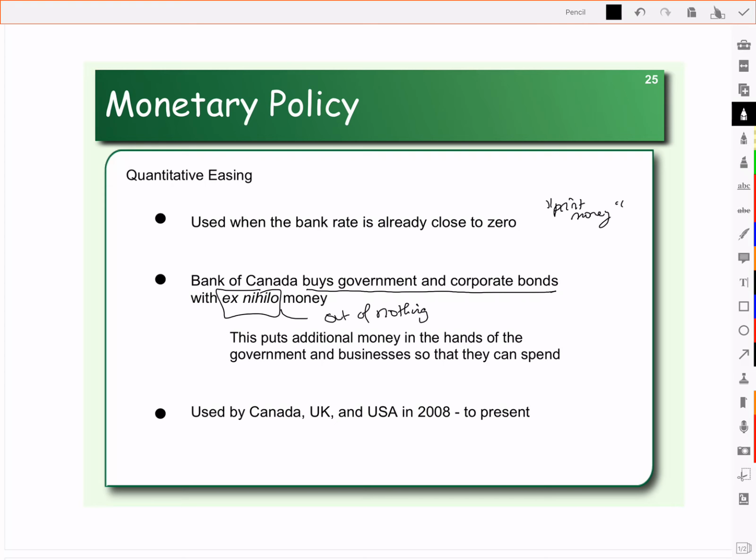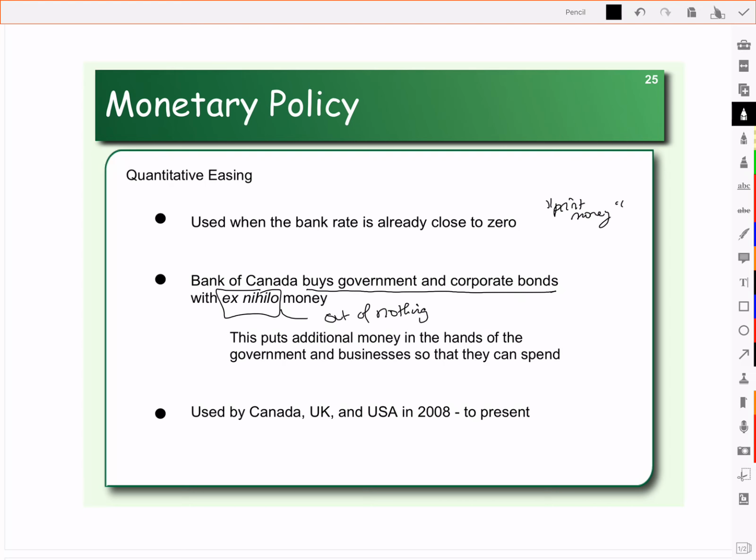Now what we're seeing as of late 2016 and into 2017 is a reduction in quantitative easing. So pulling back on that ex nihilo money, basically cashing in those bonds and pulling the money out of circulation. So it's a way to add money to the money supply to get people to spend by basically creating money to buy bonds, right?